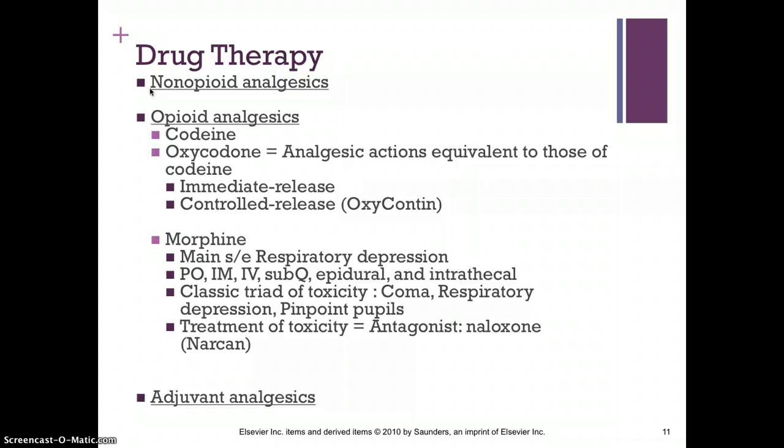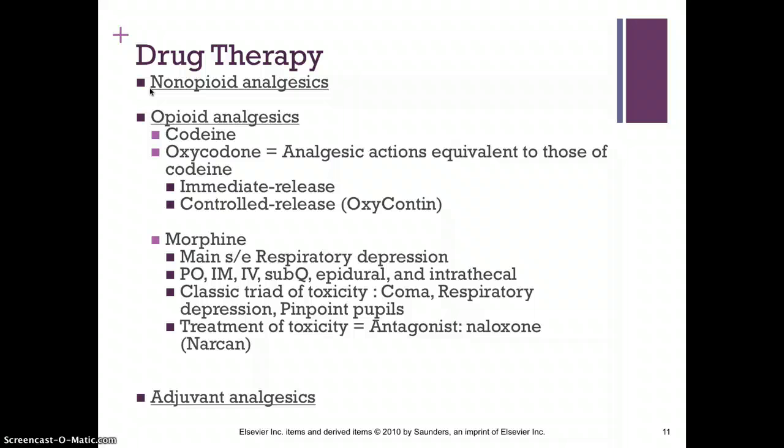So any patient that has a bleeding concern, we wouldn't want to give them an NSAID. All right, the other thing that falls under the non-opioids are our COX-2 inhibitors, and that was our Celebrex, good for arthritic pain.